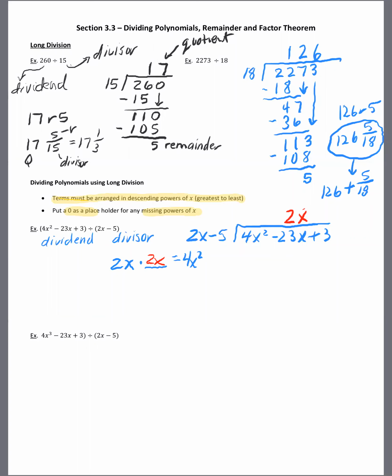We did the exact same thing, if you think about it, up here in the second example, when we said we needed 6 groups in order to divide in. So we had 6, and then we multiplied it by 18, and that's how we got the 108. So we're going to do the same thing. We're going to say 2x times 2x is 4x squared. We're going to have 2x times -5.